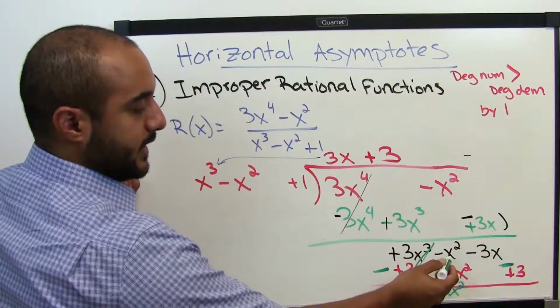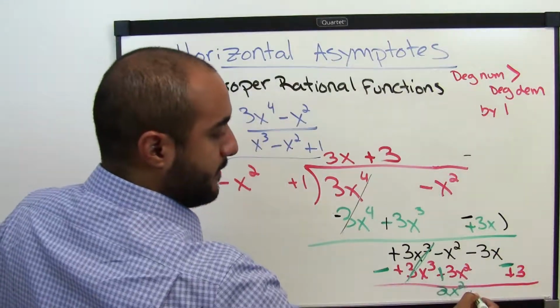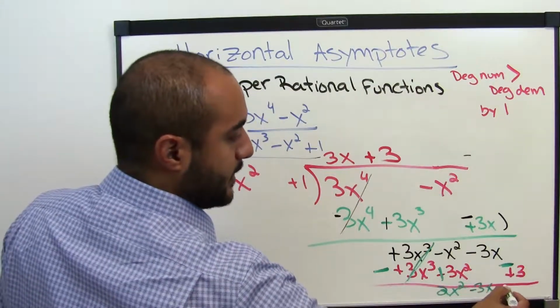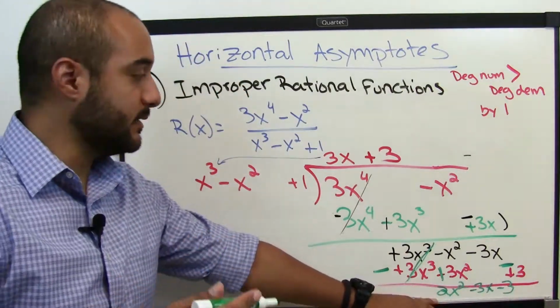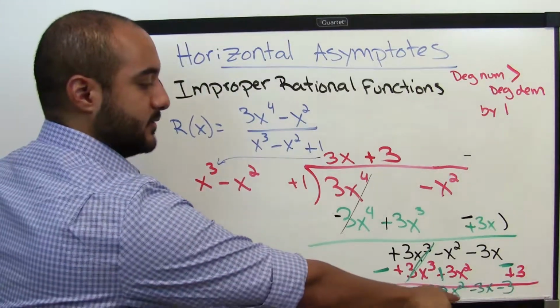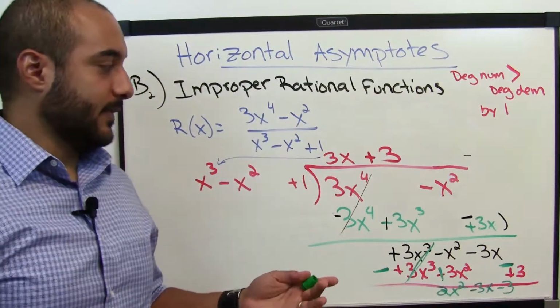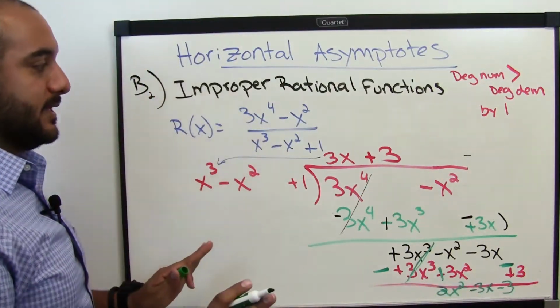So minus x squared plus 3x squared. So I get 2x squared minus 3x and minus 3. So this is my remainder. I know this is my remainder because I can't keep going, because this is x to the third power and this is x to the second power. I can't multiply it by something to make it less. So that's where I stay.